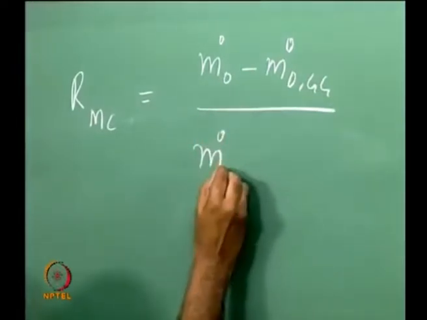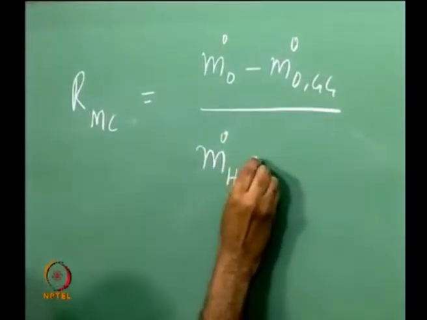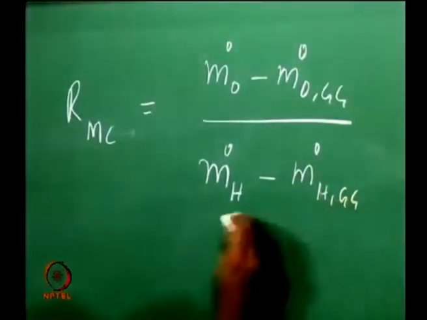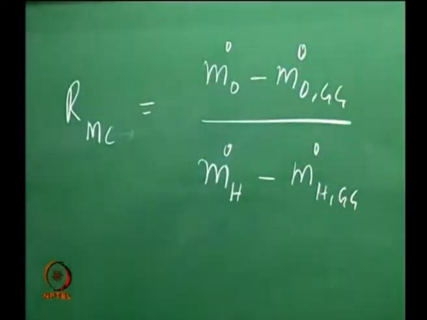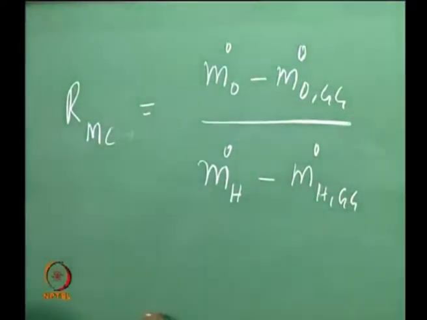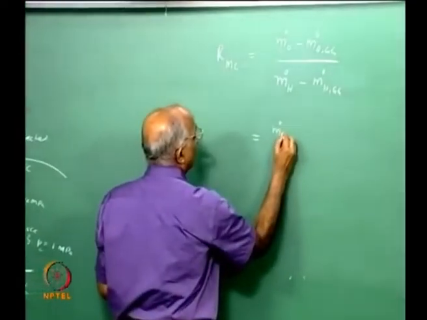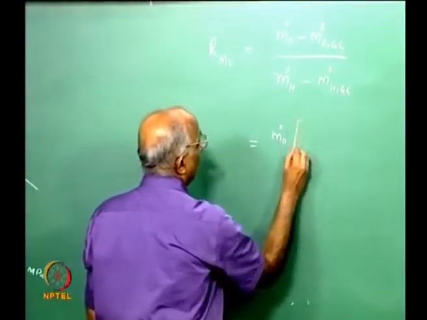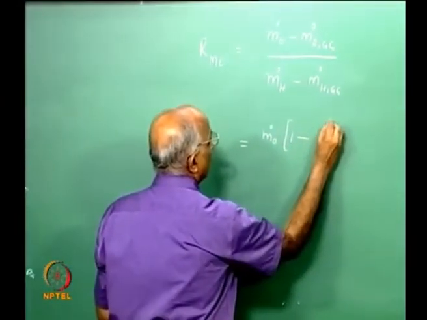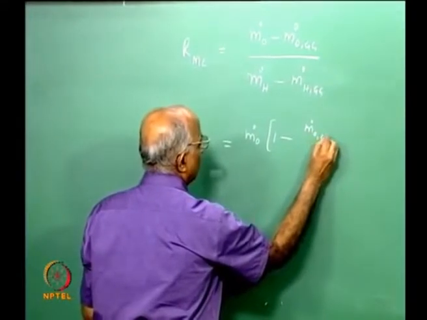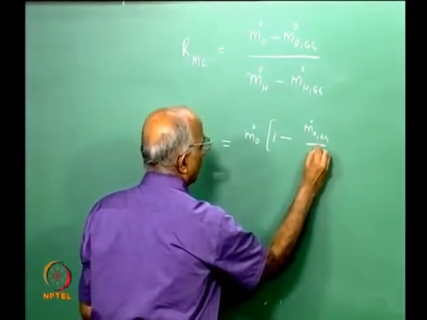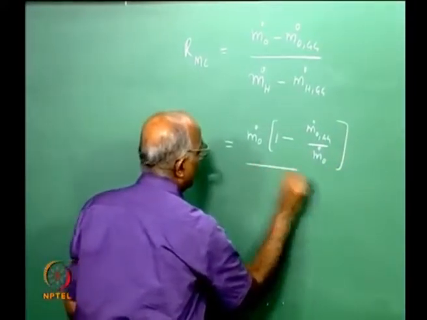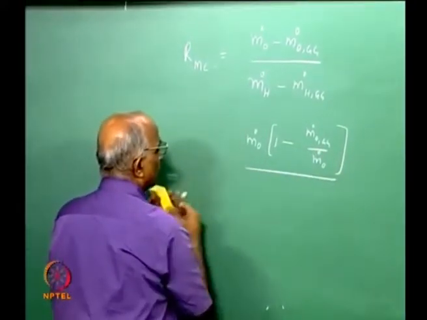Let us take the specific case of hydrogen. I can now write this as equal to m dot O into 1 minus m dot O of Gg over m dot O, divided by m dot H into 1 minus m dot H of Gg over m dot H, where I have taken the m dot O outside.